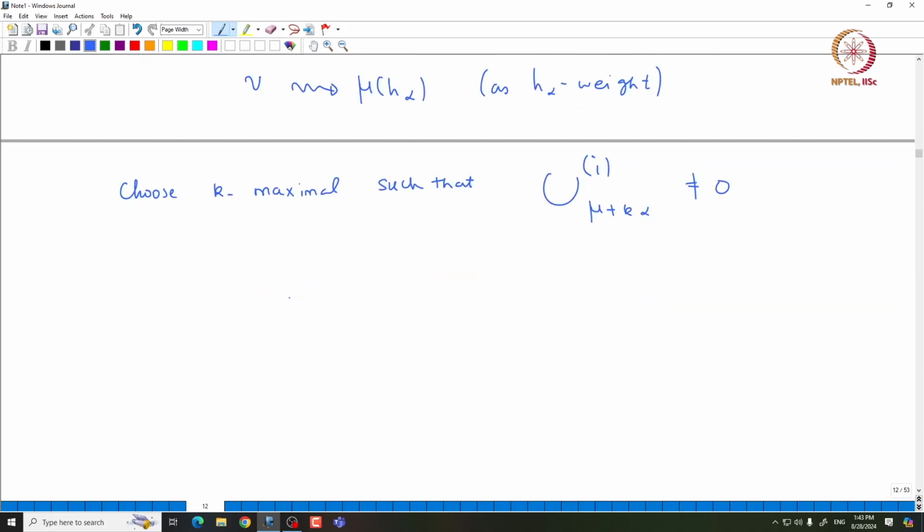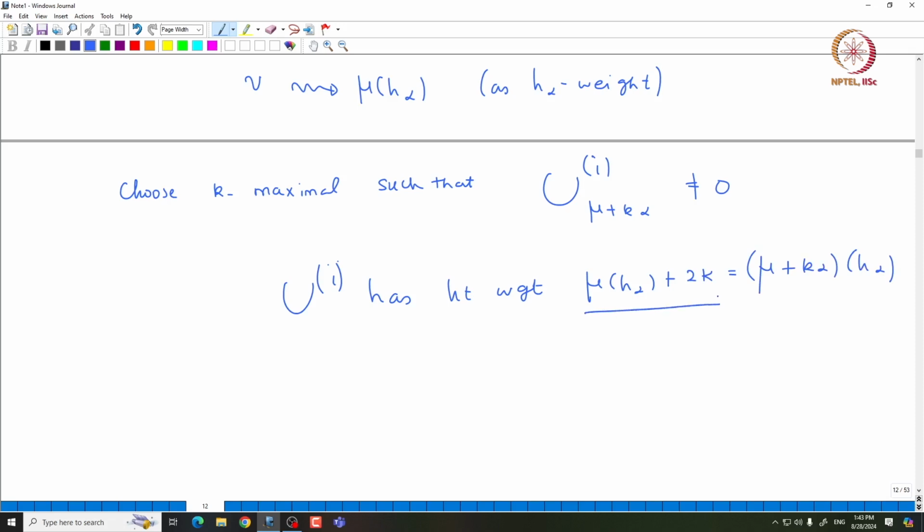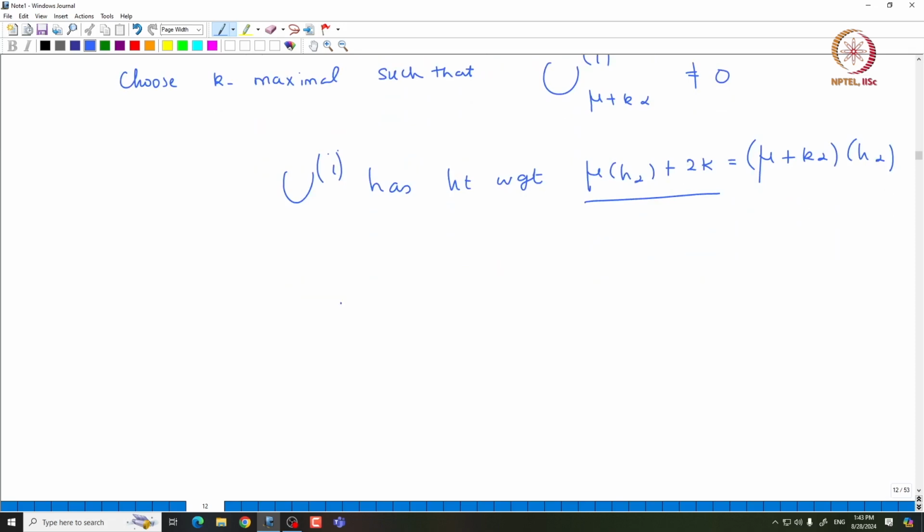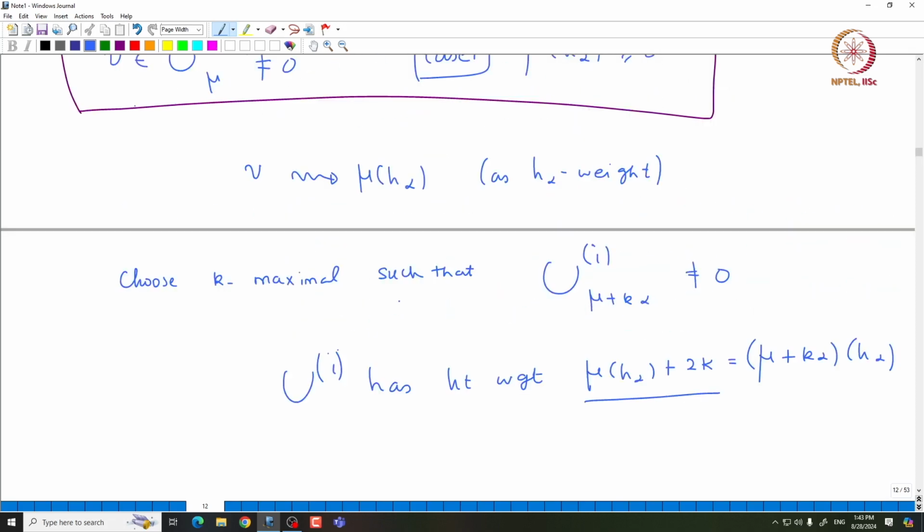Then it is clear that this U I has the highest weight mu of h alpha plus 2k, which is nothing but mu plus k alpha of h alpha. So, in particular this irreducible component U I is isomorphic to the highest weight representation corresponding to this mu of h alpha plus 2k. So, now what does this mu weight space correspond to?